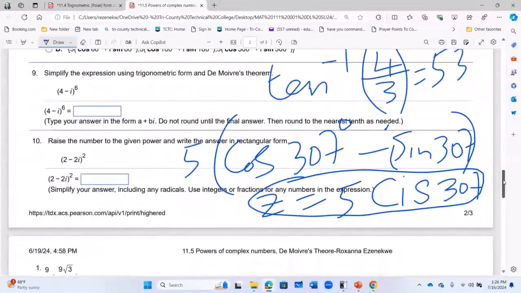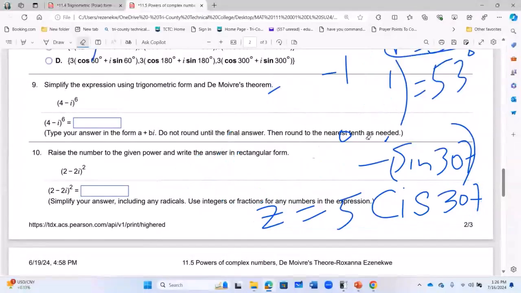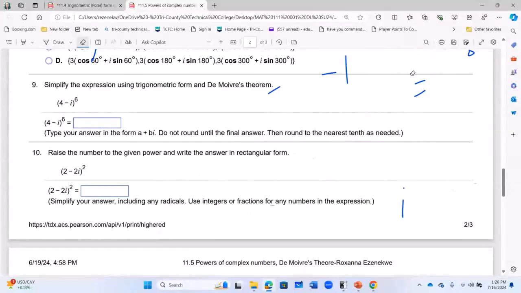So let's go to number 10. Number 10, and we are doing powers. So let's work on powers. After we work on powers for some time, we get into De Moivre's theorem, which works on powers of complex numbers. All right, so the first thing I have to do is number 10. I can do it by ordinary foiling.